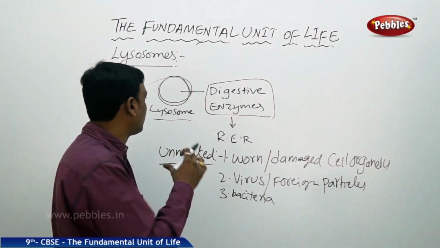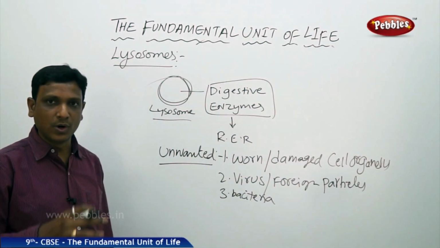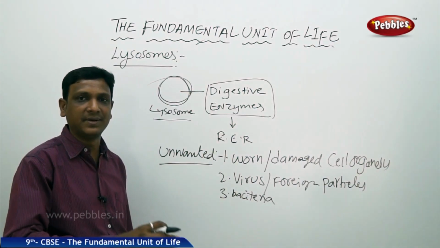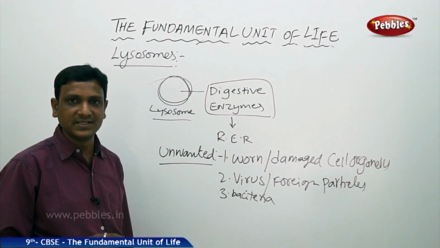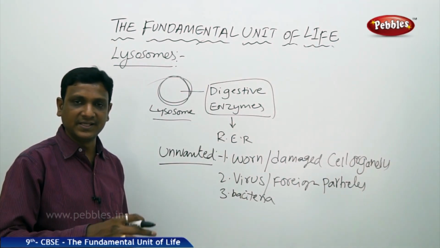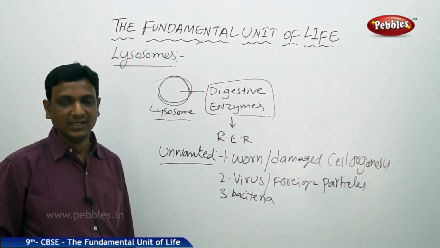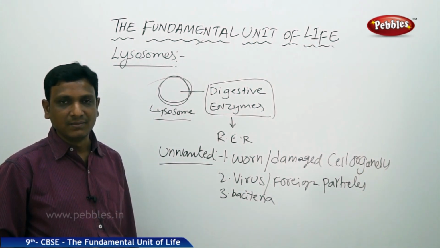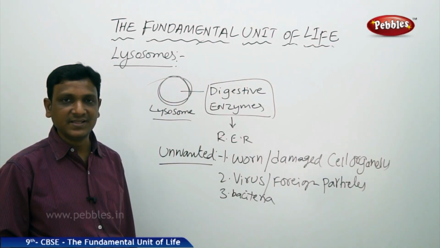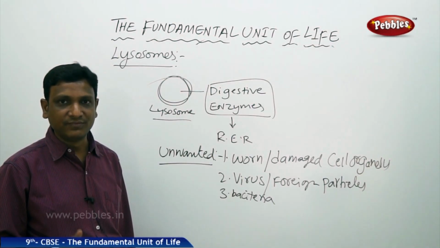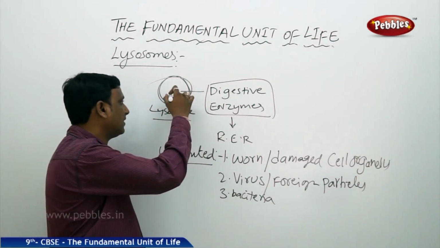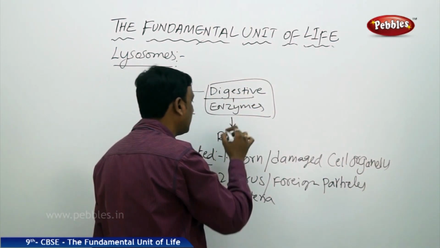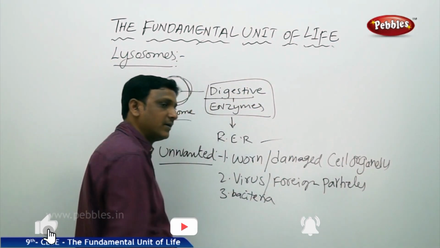So that is the major function of the lysosome, to digest the unwanted materials and to keep the environment clean. Environment in the sense of the tissue, the cell, the external and internal environment of this cell. It will be kept clean by the lysosomes by digesting the unwanted materials with the help of the digestive enzymes they consist of, and these digestive enzymes are prepared by the rough endoplasmic reticulum.